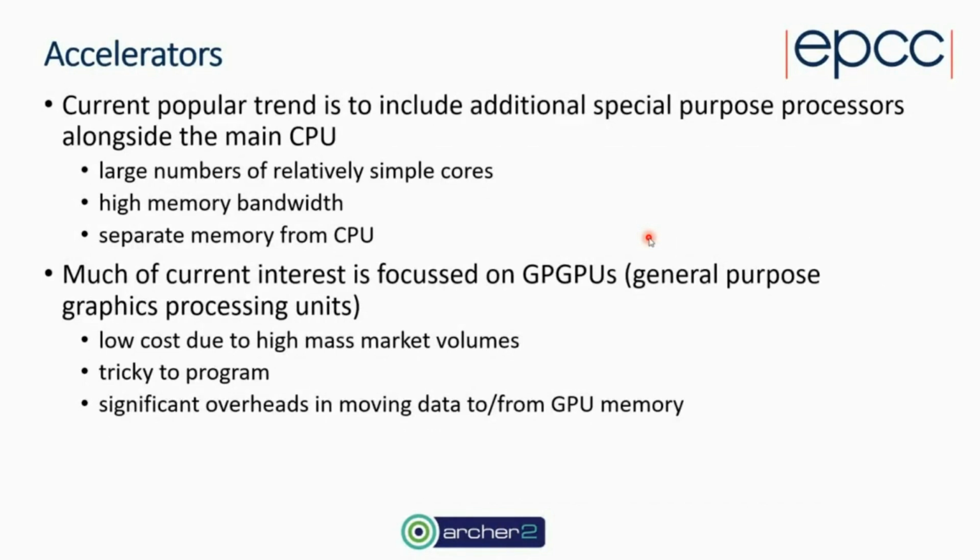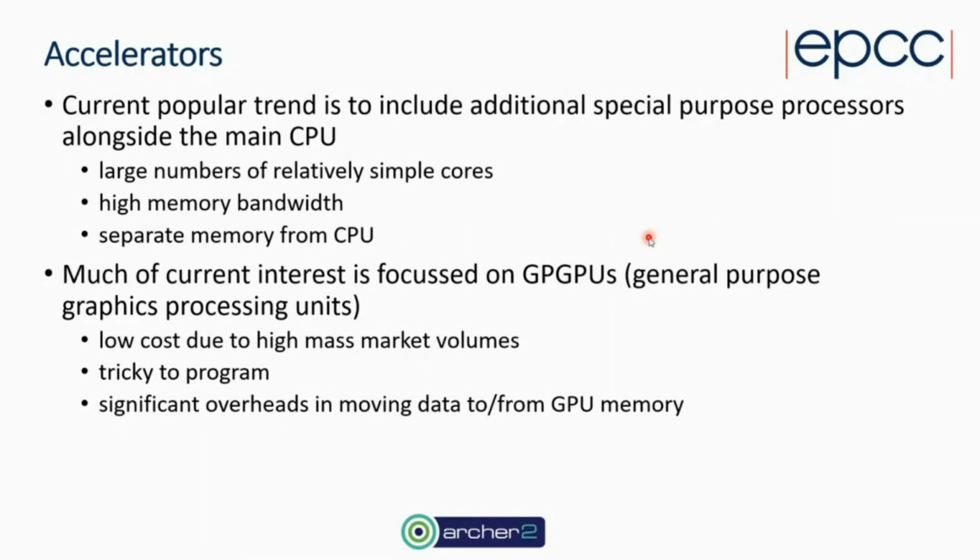So GPUs are another way you can look at single node performance optimization. You add a bit of hardware, or a number of bits of hardware, into your node that give you increased performance for your application, and they're definitely applicable to a wide range of codes, particularly machine learning codes, to give you good performance.